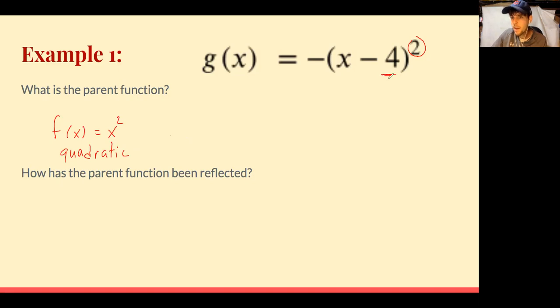This one we might notice from the previous section represents a horizontal shift. But what we're really looking at here is what's the reflection. So where are we applying a negative? In this case, the negative is not being applied inside, it's being applied to the outer part of the function. So when it's applied on the outside, that's going to be reflecting it up and down, and so that's going to reflect it across the x-axis.